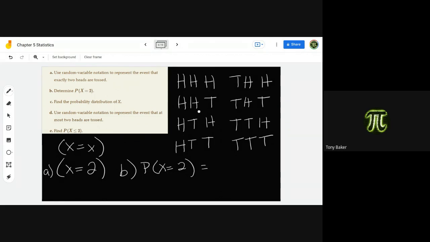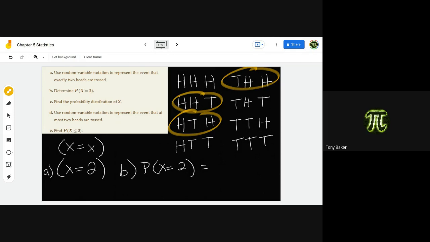So we've got one. Oh, hold on. Let's do this. We got 1, 2, 3. Okay. When you asked exactly two heads, right? That first one has two heads, but it actually has 3 heads.